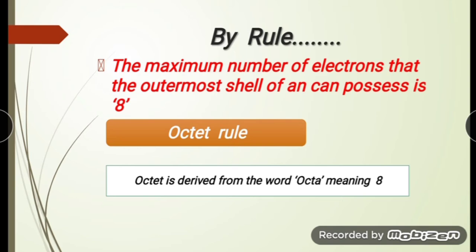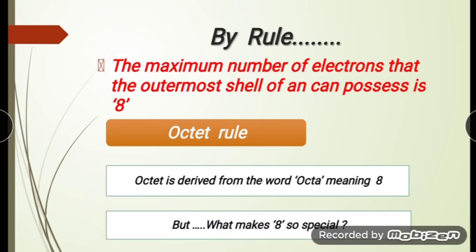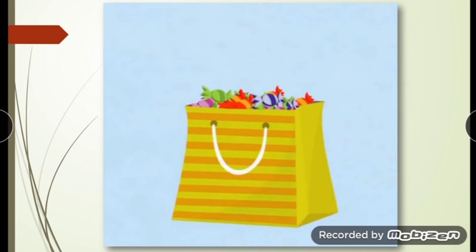Now, 8 is considered a magical number for an atom. What makes this 8 so special for the atoms? Let's understand that. Children, if I give you a bag of chocolate, you love chocolate, right? Now, if there is a bag of chocolate left open before you and you are told to grab the chocolates from the bag, how many chocolates will you grab at once?